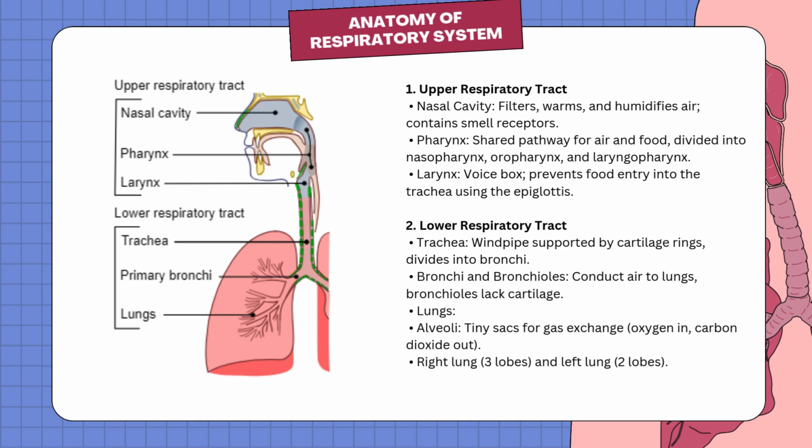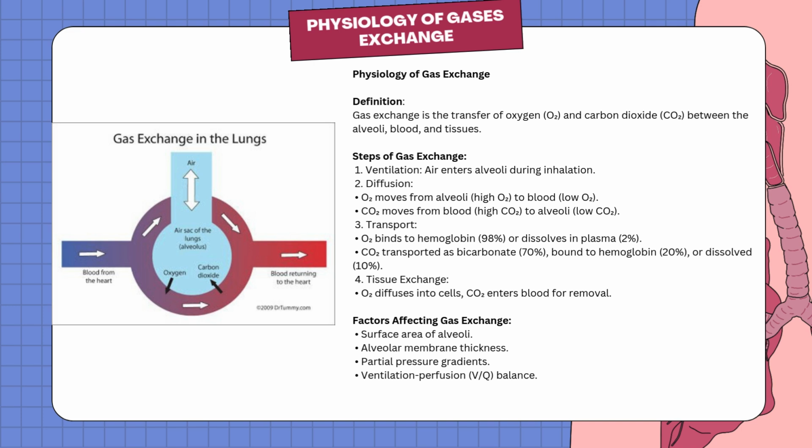Next, we'll be going to the physiology of gas exchange. Gas exchange is the transfer of oxygen, O2, and carbon dioxide, CO2, between the alveoli, blood, and also the tissues. These will be the steps of gas exchange. There are 4 steps. The first one will be the ventilation.